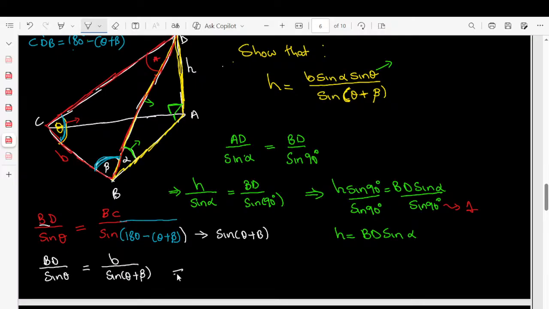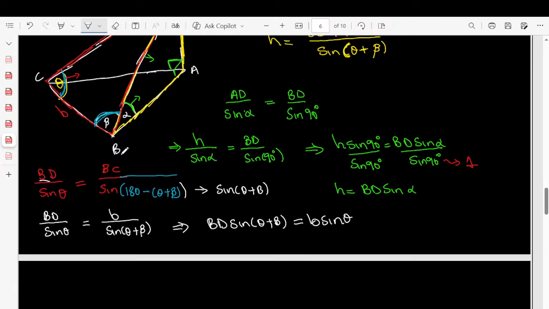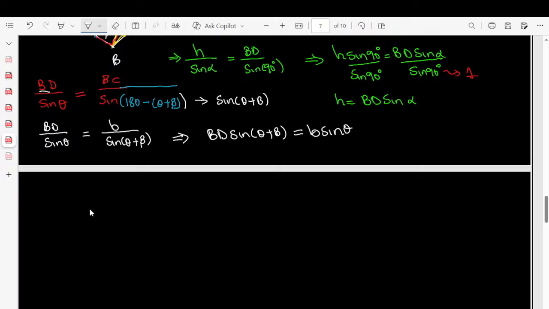When we cross multiply, this will give us BD times the sine of theta plus beta, and let's equate this to b times the sine of theta. So the aim is to calculate BD. We just have to divide both sides by the sine of theta plus beta. So we have BD times the sine of theta plus beta, and this is equal to b times the sine of theta.